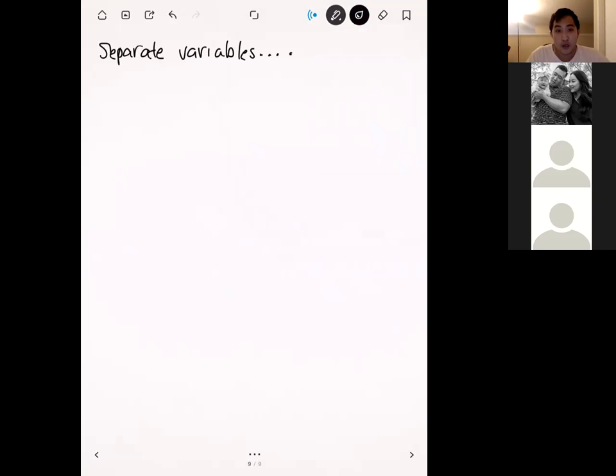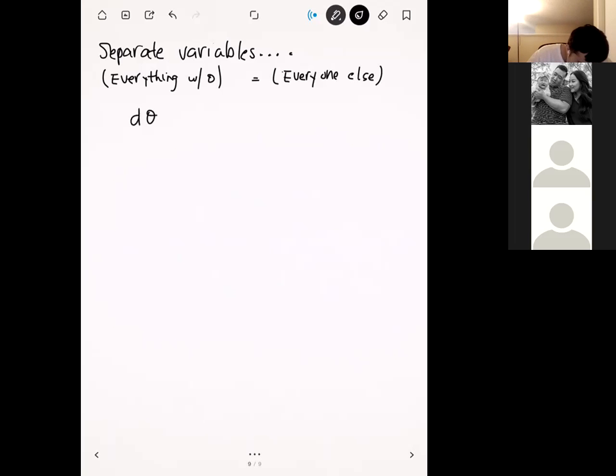The way we're going to do that is we're going to put everything with theta on one side of the equation and everything that doesn't have theta on the other side. If we manipulate the math of this problem, we end up with d theta over theta on one side, equal to minus hA all over rho V C dt.